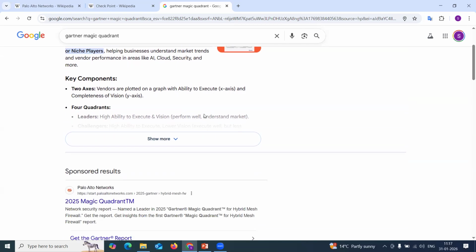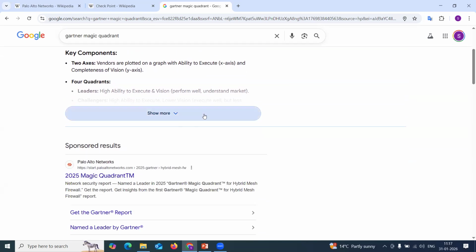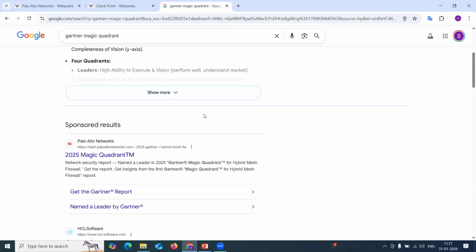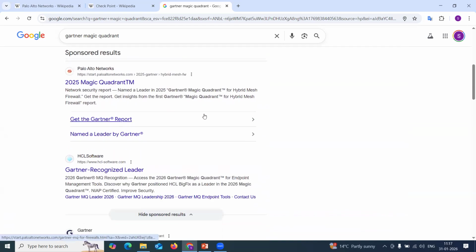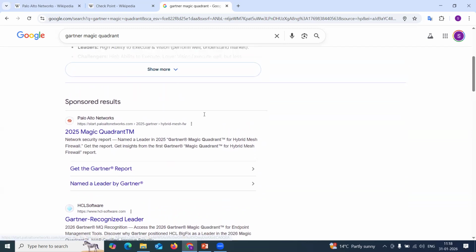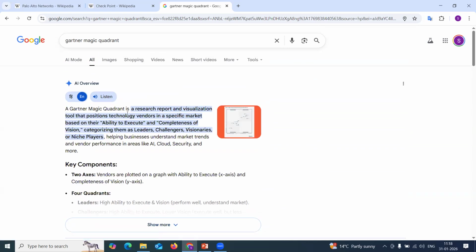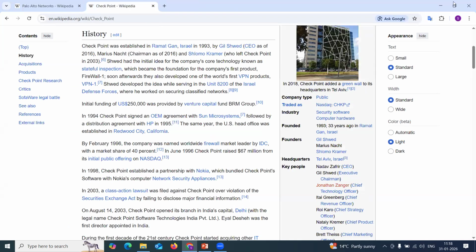For networking devices, they generate reports quarterly. Based on this report, we analyze which firewall is the best firewall in the market, right? And it's valid worldwide. It's not an ordinary organization that does analysis for security products. Understand that. It's a top-rated organization and worldwide it's valid. Everyone gives value to this organization's report.